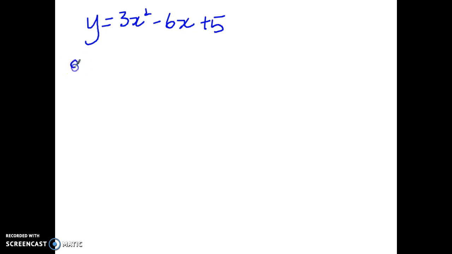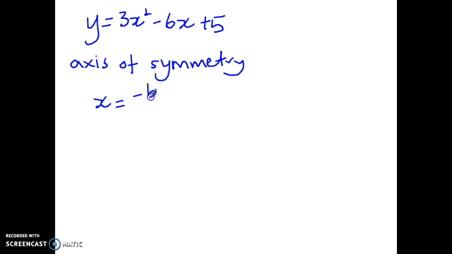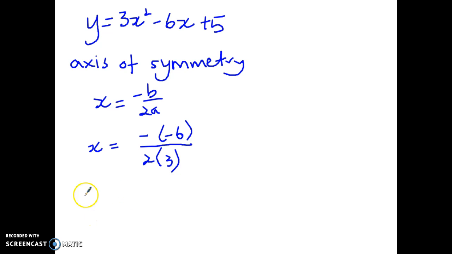I know my axis of symmetry is x equals minus b over 2a. So x is minus minus 6 over 2a, so x is 6 over 6. My axis of symmetry is 1.